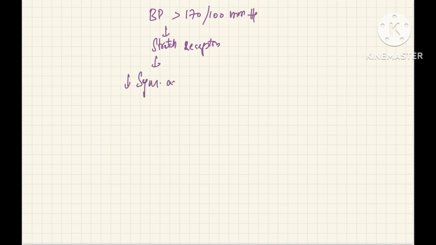So when there is a BP of more than, let's assume 170 by 100 mm of mercury, there is activation of stretch receptors, there is decrease in the sympathetic activity, resulting in decreased cardiac contractility, decreased heart rate and decreased vascular tone.